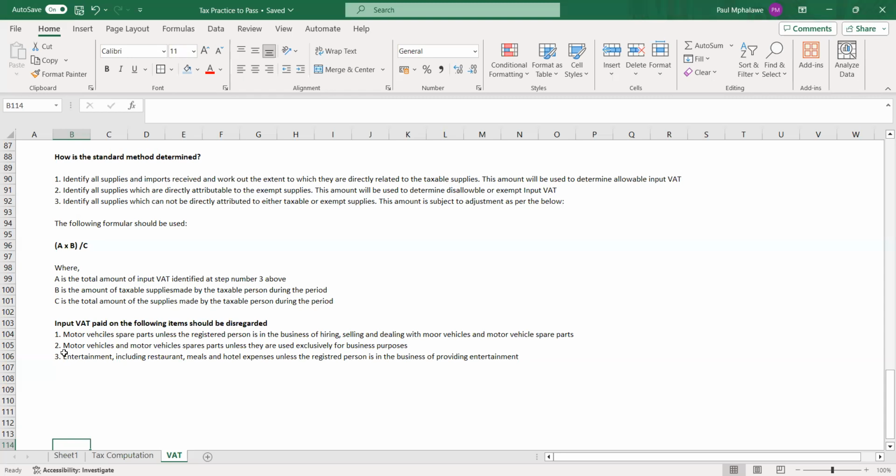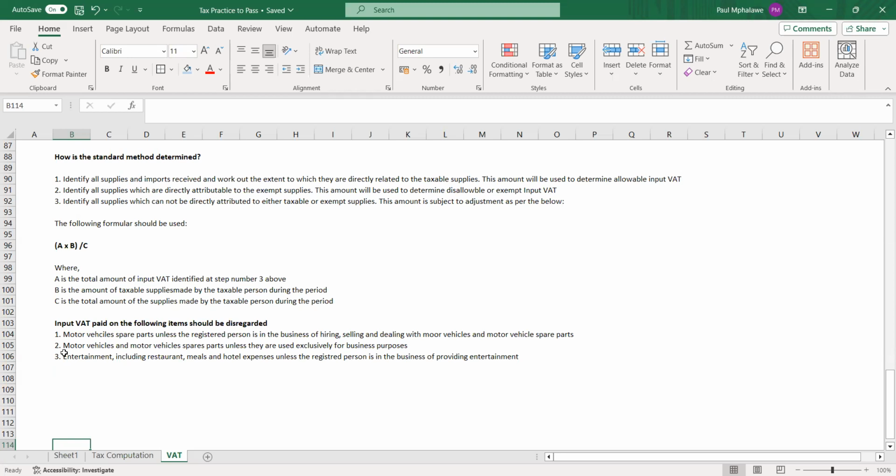So you need to carry forward 3 months of your claims, write a letter to Malawi Revenue Authority and fill in a form called ST11 in order for your refund to be made.